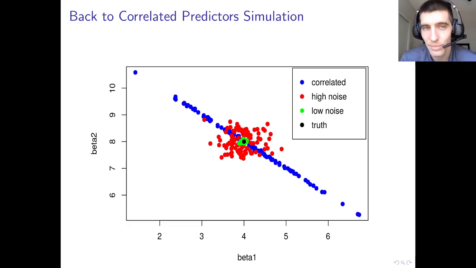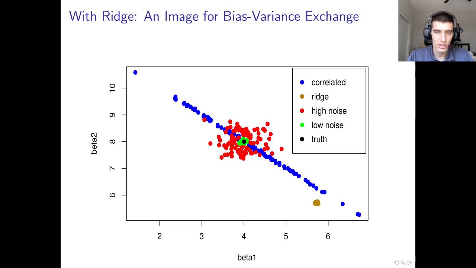Let me return to this correlated predictors example. Remember I had this low noise model, this high noise model, and the correlated predictor model in blue. What happens if I actually run ridge regression here? If I run ridge regression, I get this. Here we've reduced the variance of these blue points.